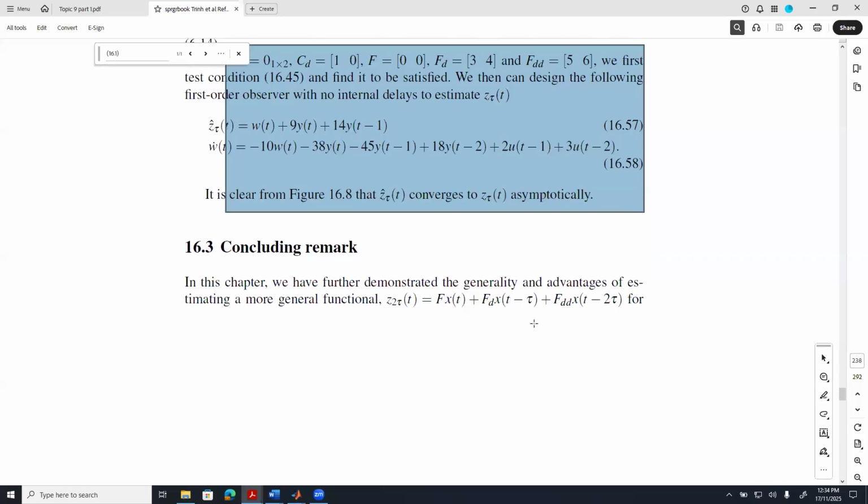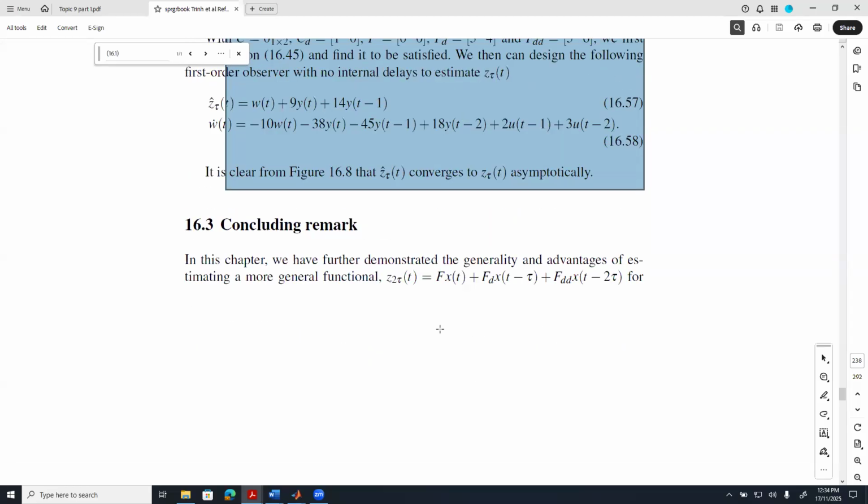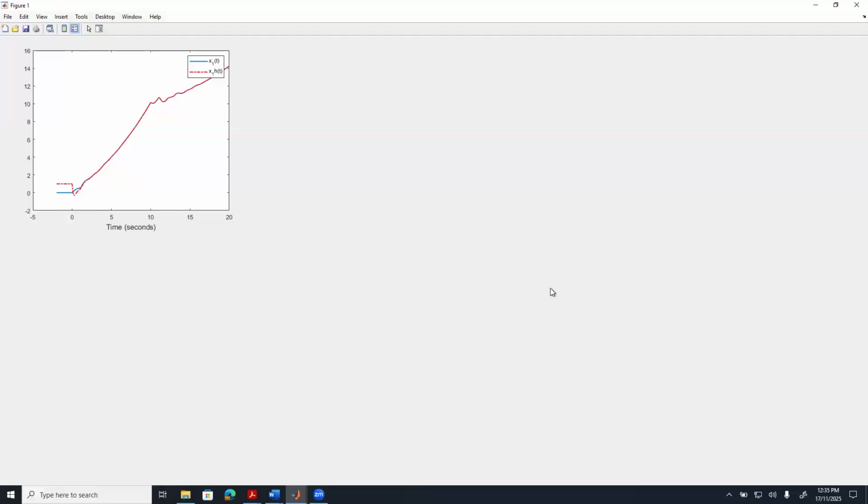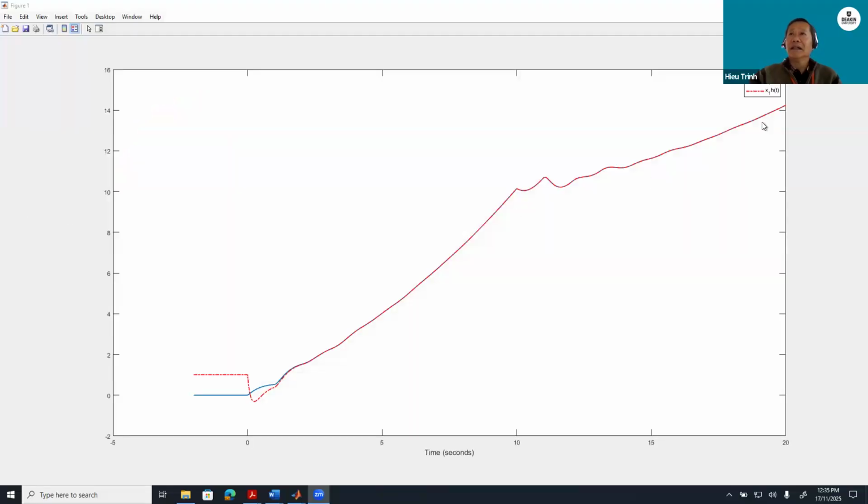Okay, so in conclusion, now have a look at that. We also achieve asymptotic estimation for an unstable time delay system. When we look at the simulation here, you can see that the observer estimation and the actual one instantaneously converge to each other for an unstable system.